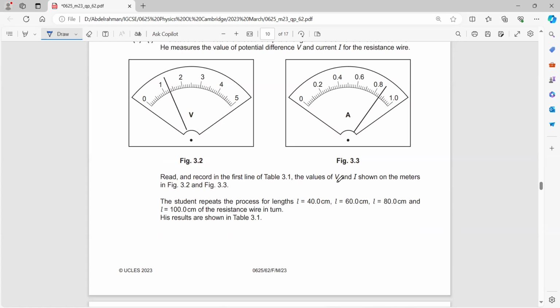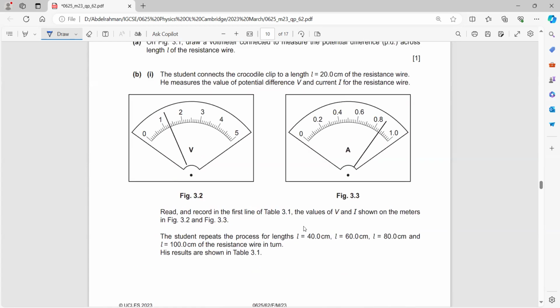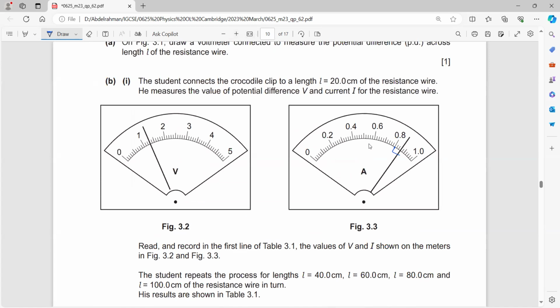1.3. And the current is 0.83. Is it 83 or 86? 86, thank you.